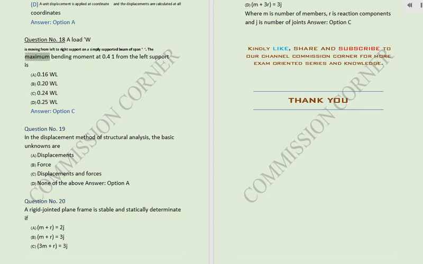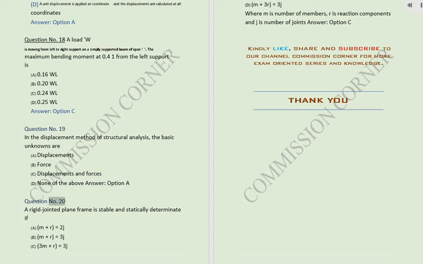A load W maximum bending moment at 0.4L from the left support is: A, 0.16 WL; B, 0.20 WL; C, 0.24 WL; D, 0.25 WL. Answer, option C. Question number 19. In the displacement method of structural analysis, the basic unknowns are: A, displacements; B, forces; C, displacements and forces; D, none of the above. Answer, option A.